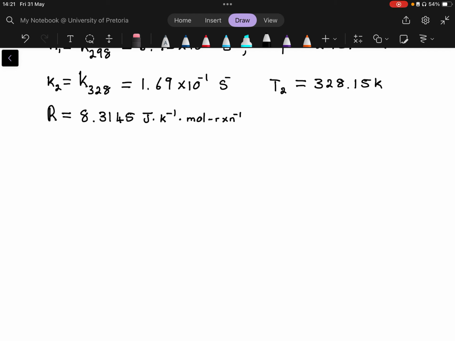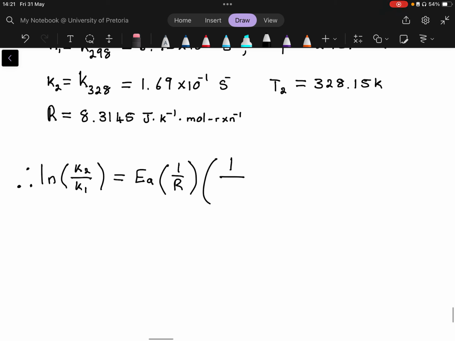So let's start by writing it in a better form. ln of k2 over k1 is equal to EA times 1 over R. And then how do we get the sum of two fractions?